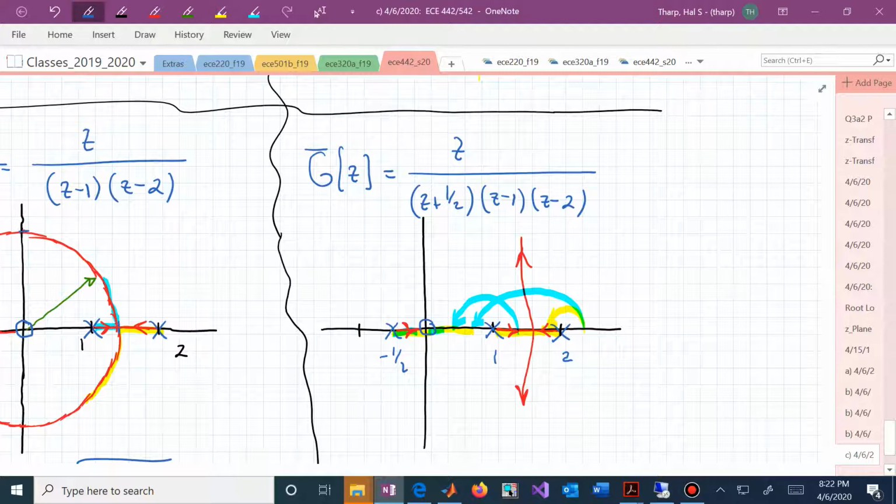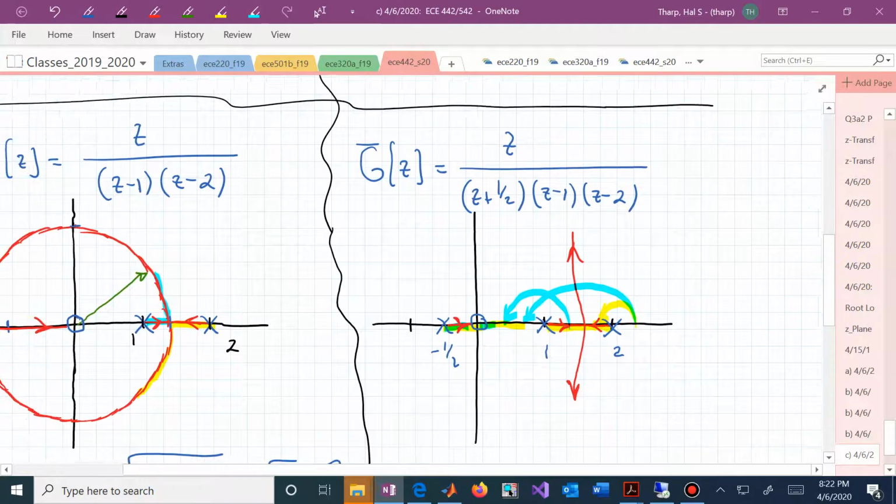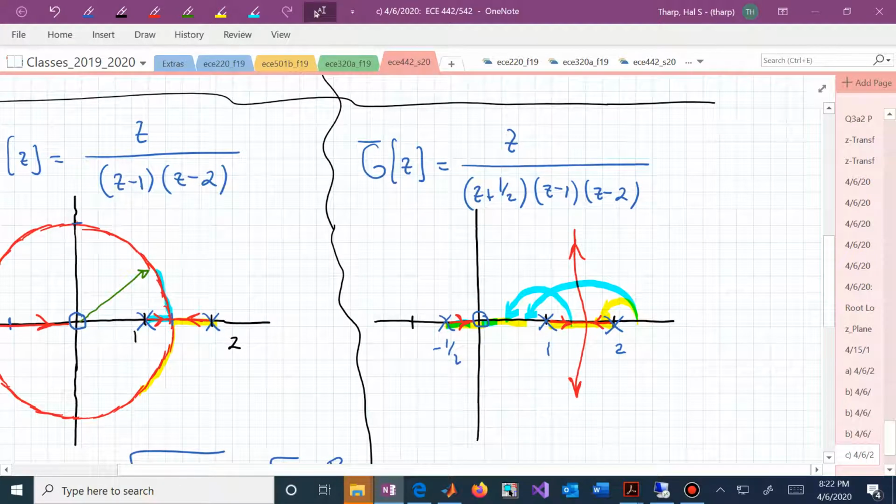We're at minus 180, and the angle due to the pole at -1/2 is 0, and that's why we have a root locus branch between -1/2 and 0, because the phase at any point between -1/2 and 0 is minus 180 degrees. Any point on the real axis to the left of -1/2 has an angle of 0 degrees or 360 degrees, and so that does not belong to the root locus.